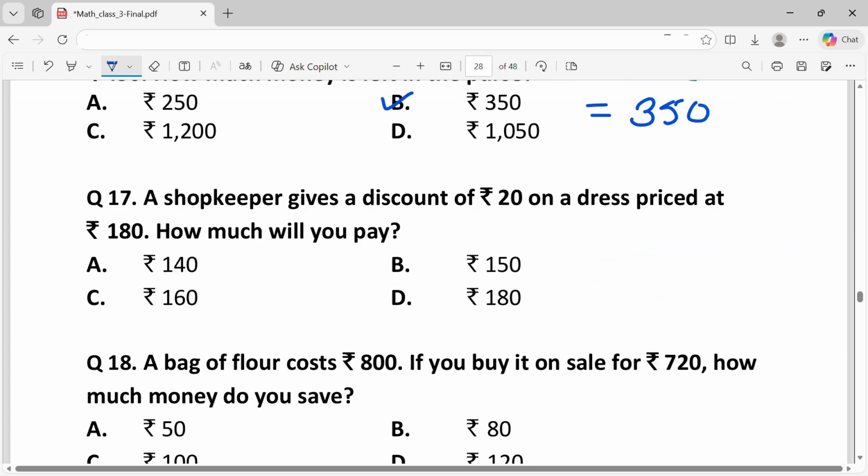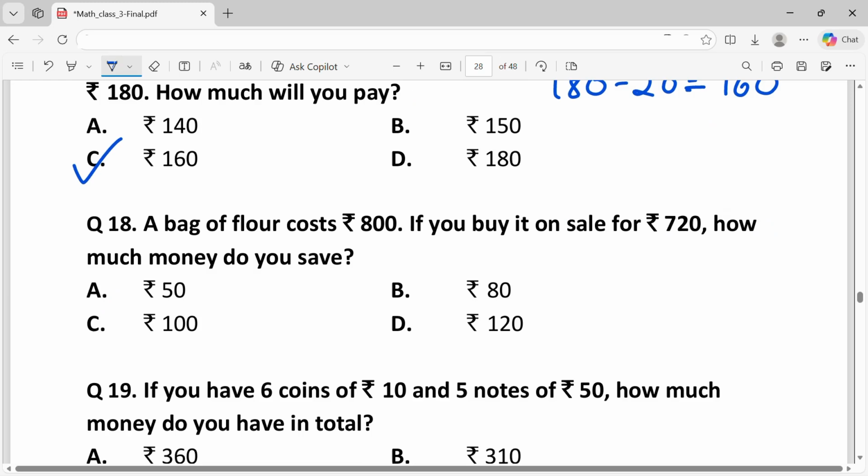Question 17. A shopkeeper gives a discount of rupees 20 on a dress priced at rupees 180. How much will you pay? Amount paid is the cost price minus the discount price, that is 180 minus 20, which is equal to 160. That is option C, rupees 160.